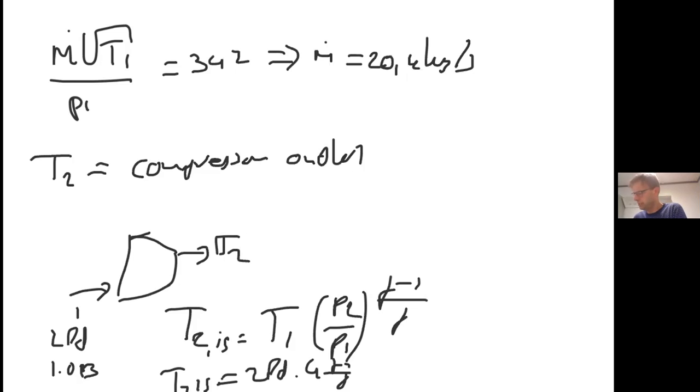Therefore we can see that T2 isentropic is 397 Kelvin. So in that way, T2 isentropic is 397 Kelvin.